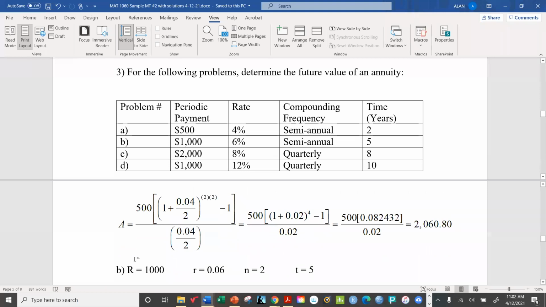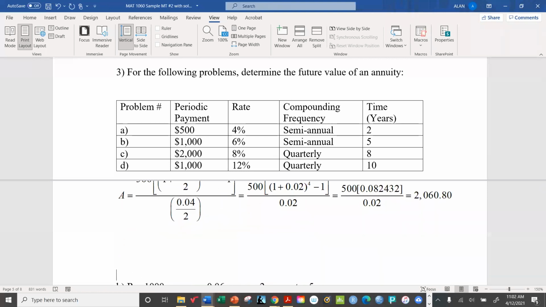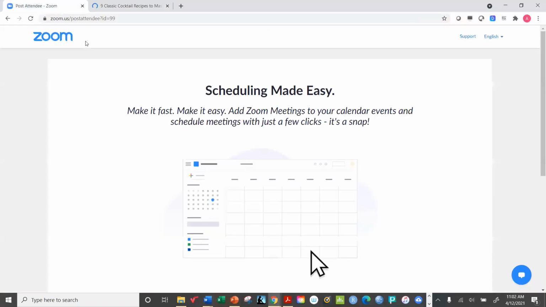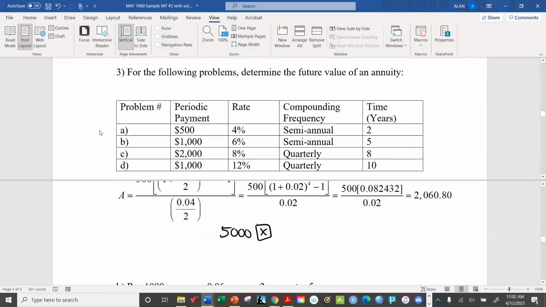So while you're able to simplify it a little, you still have to be careful. This would be 5,000 times 0.082432 equals, divided by 0.02 equals.